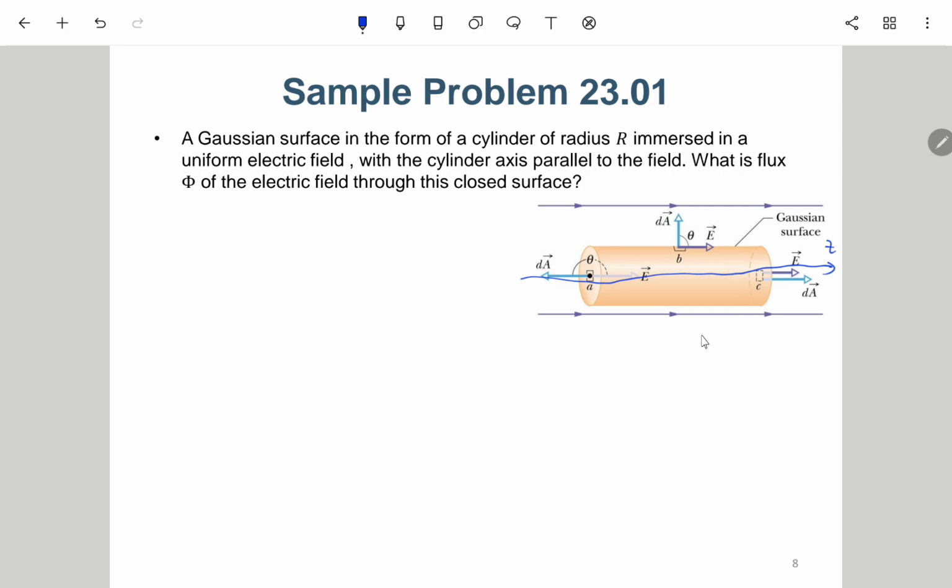This cylinder is actually a closed surface, so here we try to calculate phi to be the closed surface integral of E dot dA.